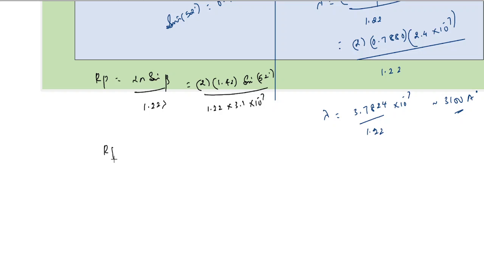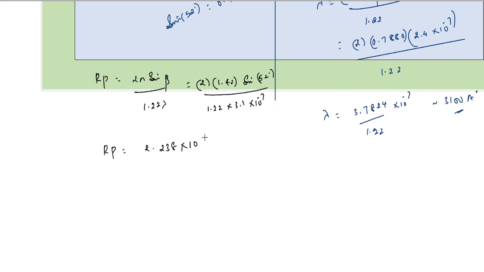The resolving power from here is equal to 2 into 1.42 into sine 52, which is 0.7880, that is equal to 2.238.